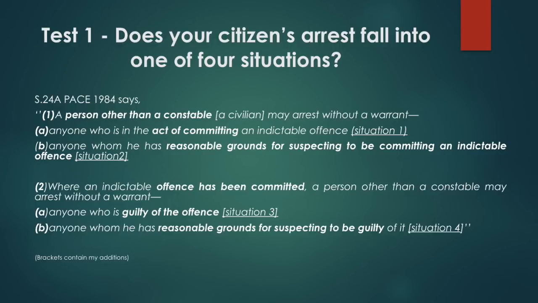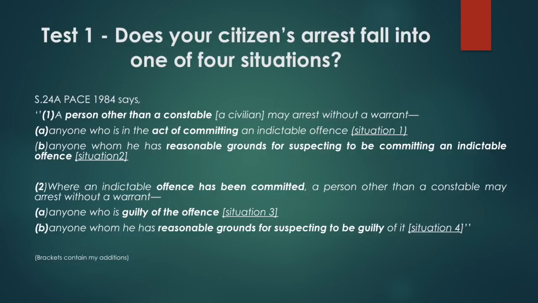Section 1. A person other than a constable, that means a civilian, may arrest without a warrant: A. Anyone who is in the act of committing an indictable offence. That's situation 1. B. Anyone whom he has reasonable grounds for suspecting to be committing an indictable offence. That's situation 2.